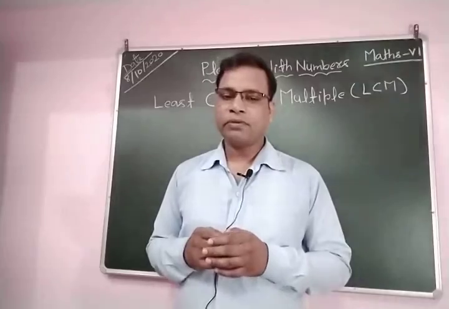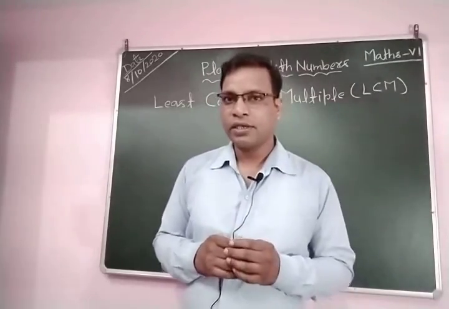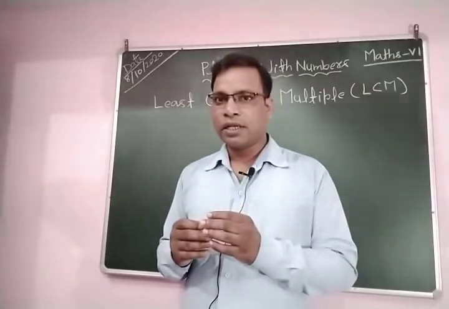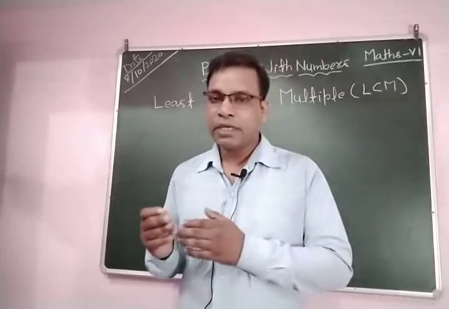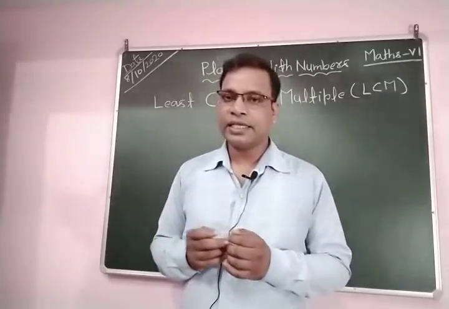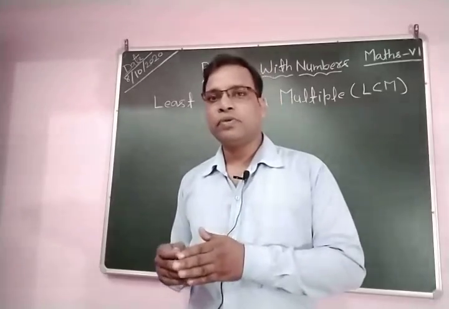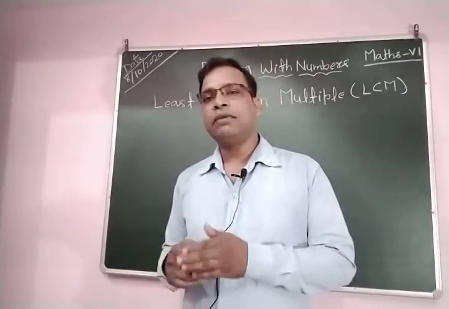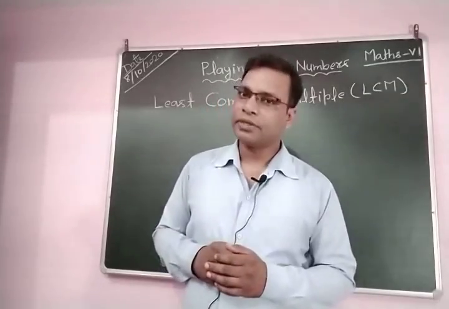But one question arises here: what is a common multiple? If anybody asks, common multiple or least common multiple of 2 and 3. First you write the multiples of 2, after this the multiples of 3. Then we find the common multiples of 2 and 3.